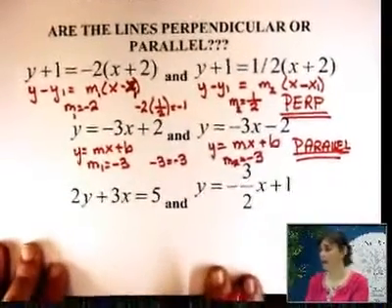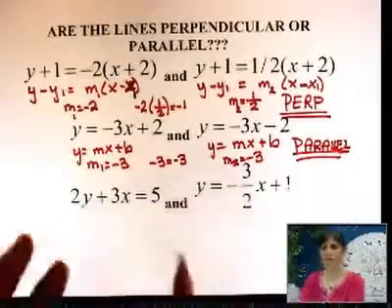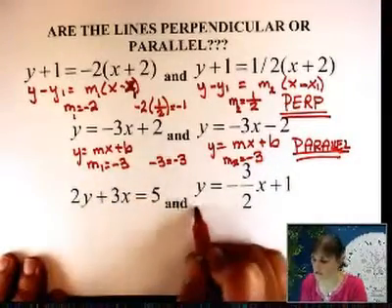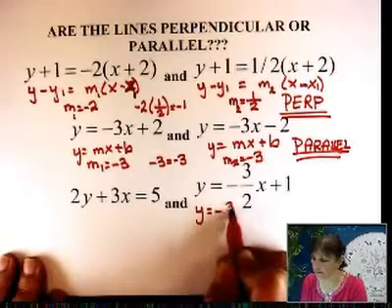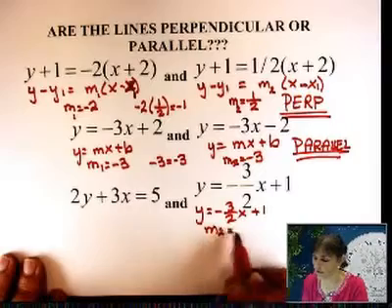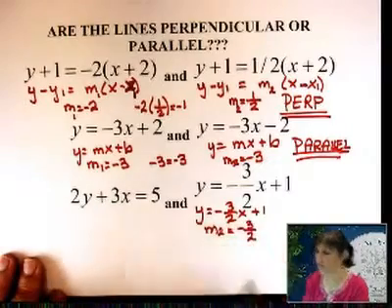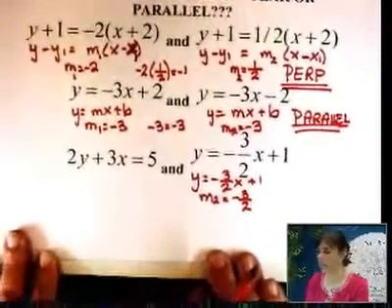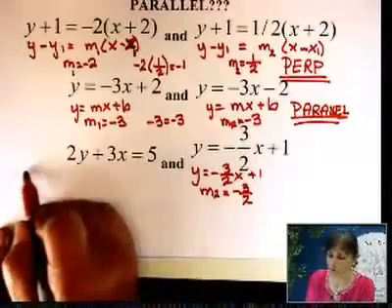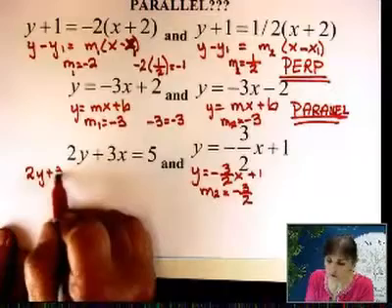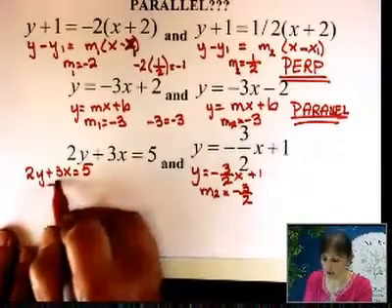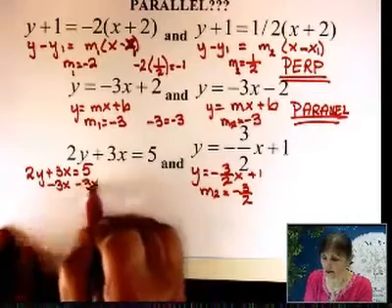Okay, let's do another one. They are in mishmash form. To be able to see that, this one is in slope-intercept form. This one has a slope of -3/2. This one, I really cannot tell. I have to move it around. Remember what I used to do? Pull it into slope-intercept form. Subtract 3x.